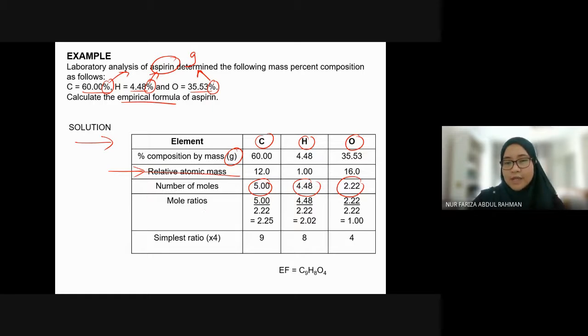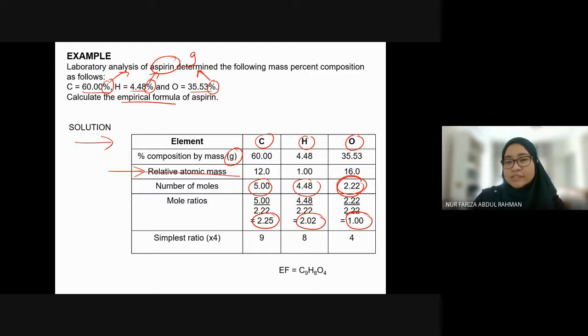You have to identify which of these constituents has the least number of mole. In this case, it is oxygen. So use oxygen to divide with all the moles from the other constituents. So this is for carbon, and this is for hydrogen, and this is for oxygen itself.